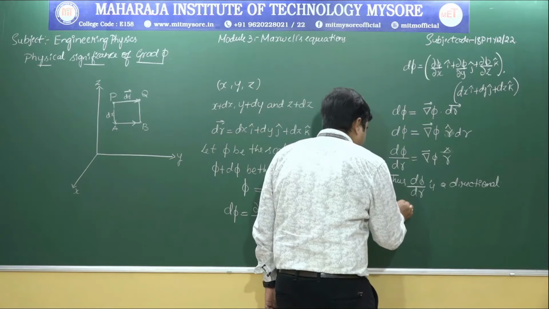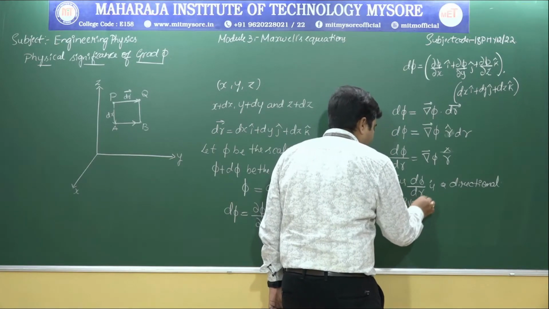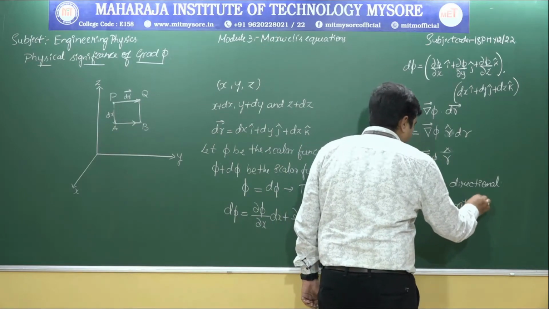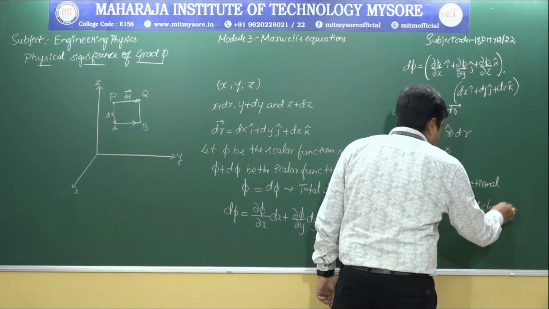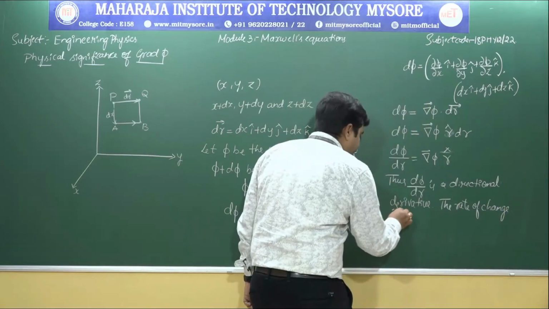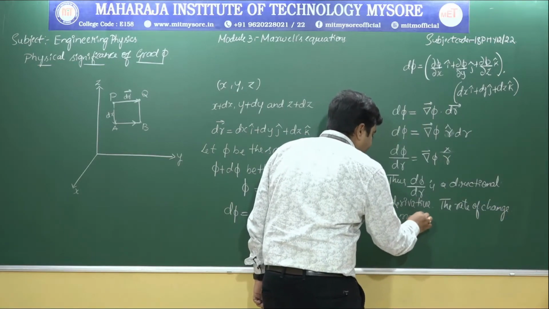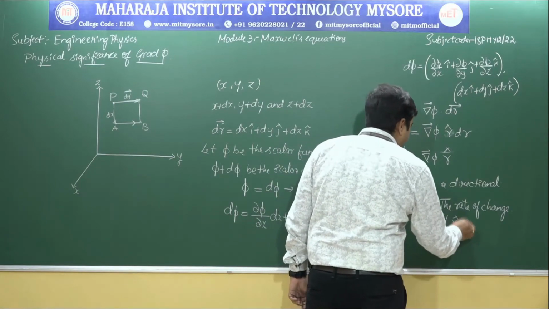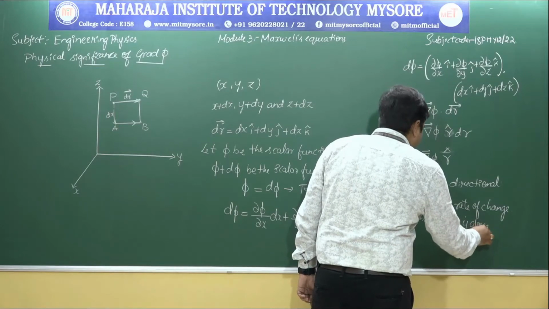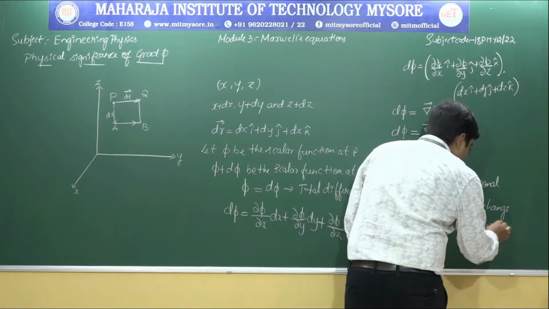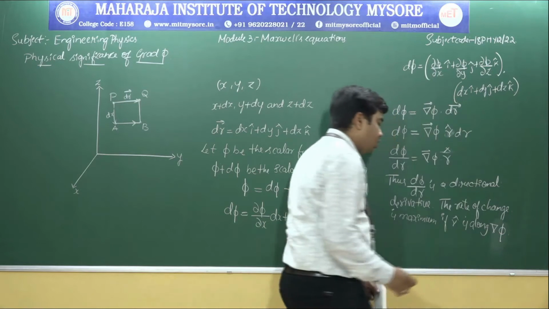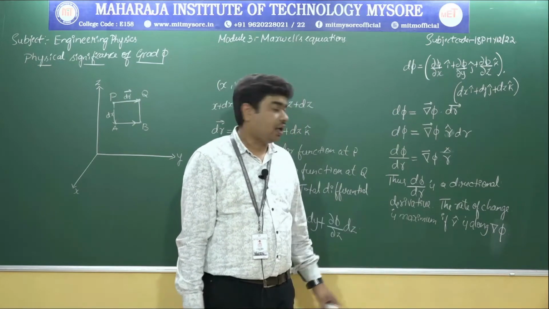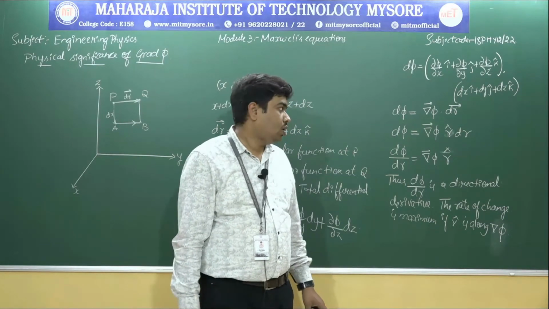d phi by dr is a directional derivative, and the rate of change is maximum if r cap is along del phi, or else we can say the rate of change is maximum if the angle between r cap and del phi is equal to 0.